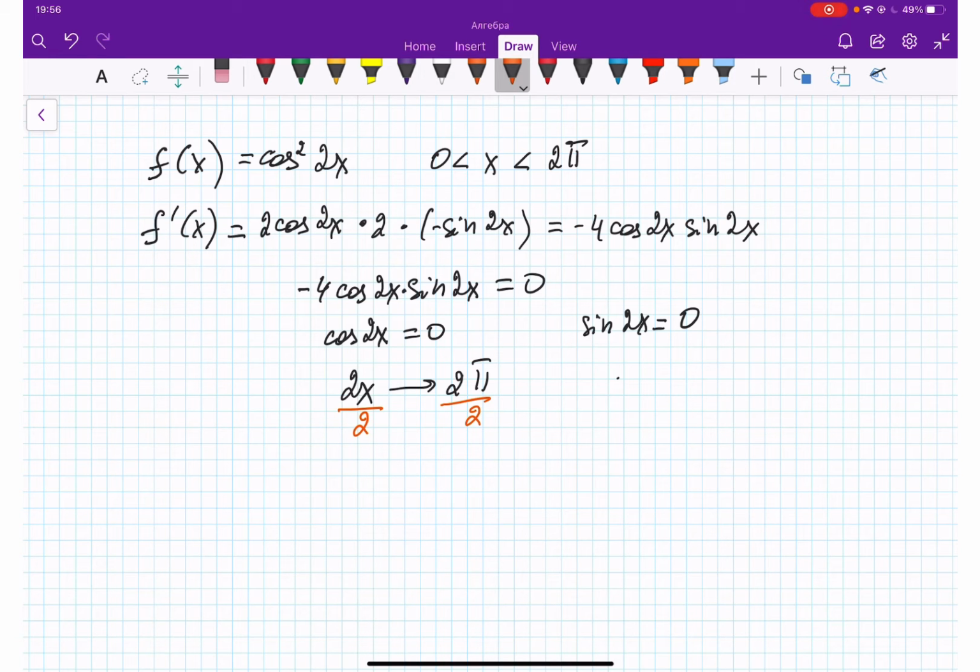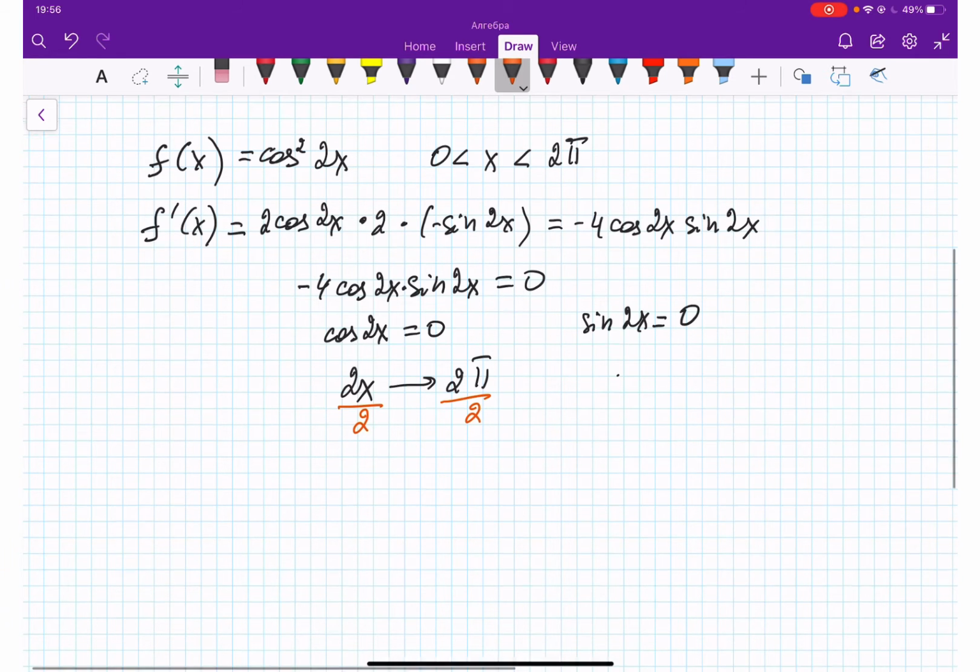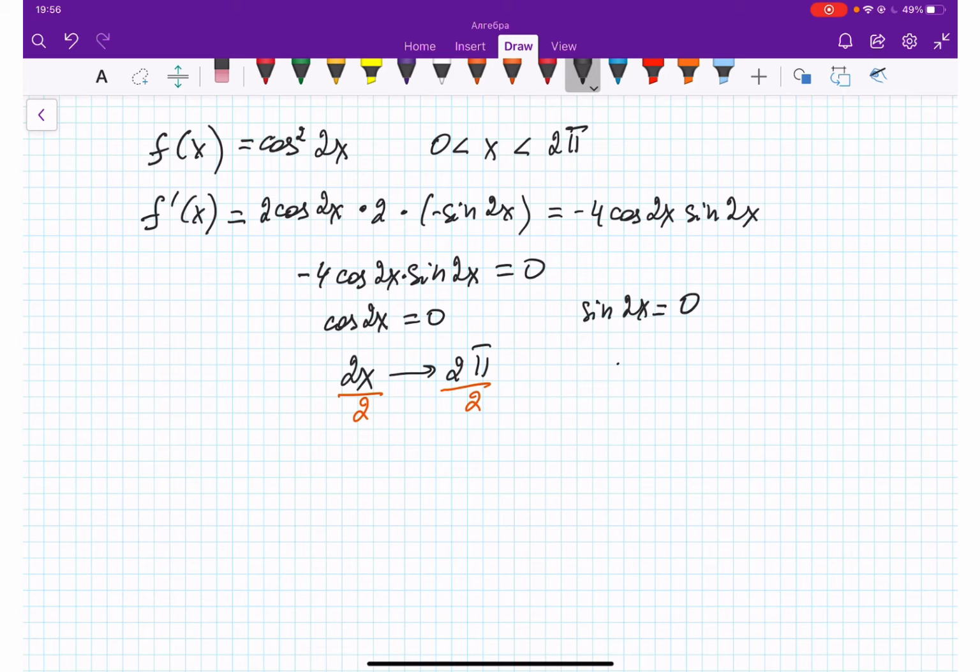Because we have cosine 2x, it means that two waves are going to fit in one period. I'm going to graph it in a minute. So the period of this cosine 2x is going to be 1 pi.